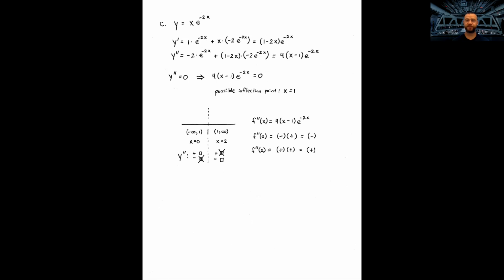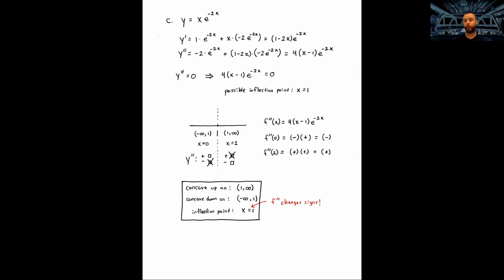And if you pick test points x equals 0 and x equals 2, you should easily find, using the simplified second derivative, and also remembering that exponentials are always positive, the signs for your second derivative going left to right: negative and then positive. What you can see in your sign chart here is a change in the concavity, a change in the sign of the second derivative. So x equals 1 is an inflection point.